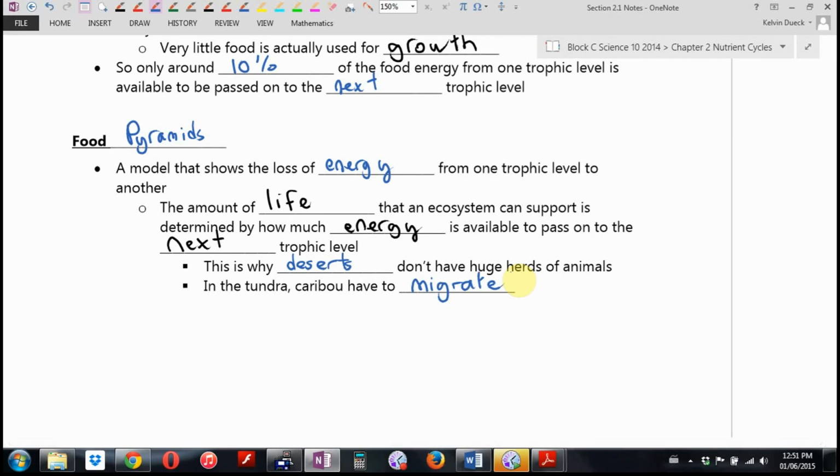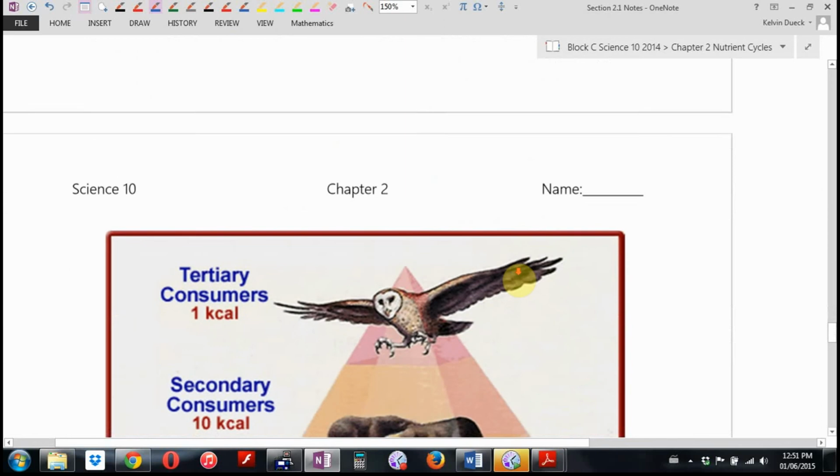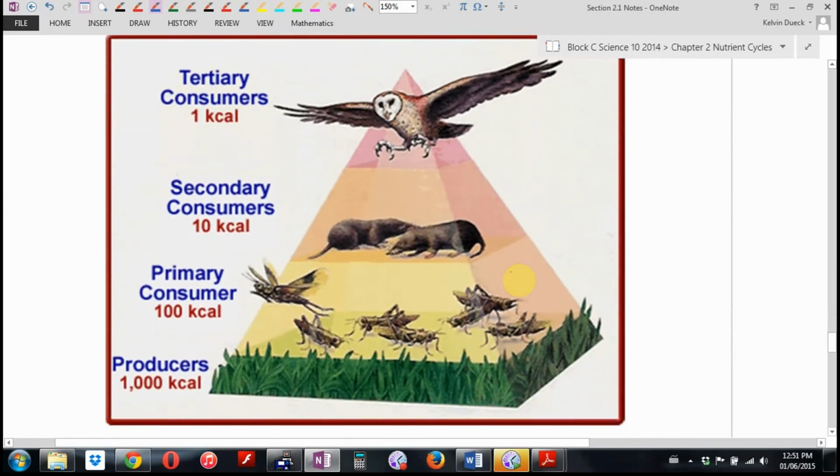Okay. So here is a good example of a food pyramid. You might have 1,000 kilocalories of energy in the grass, but you only keep about 10% of it for the next level. About 80 to 90% of it is used for the chemical processes to keep you alive. So even though you got 1,000 kilocalories, for the next level, 10%, 100 for the grasshoppers.